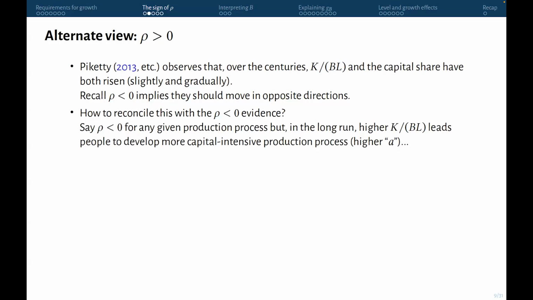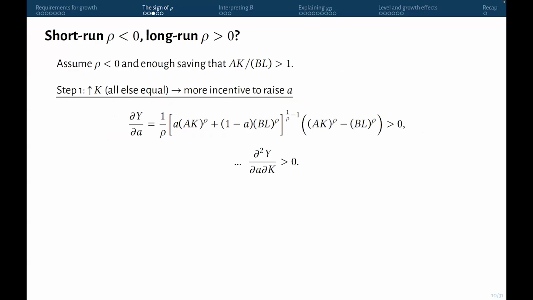There's lots of ways to reconcile this, though, with the other sources of evidence we would have for gross complementarity. So the production function could be changing in small ways over time, like that little alpha share parameter could be changing, so that at any point in time you have gross complementarity, but something else is nudging the share a little bit, and that's producing the effect that Piketty notes.